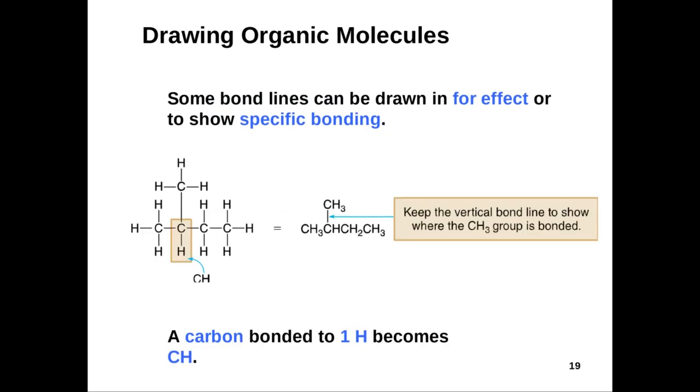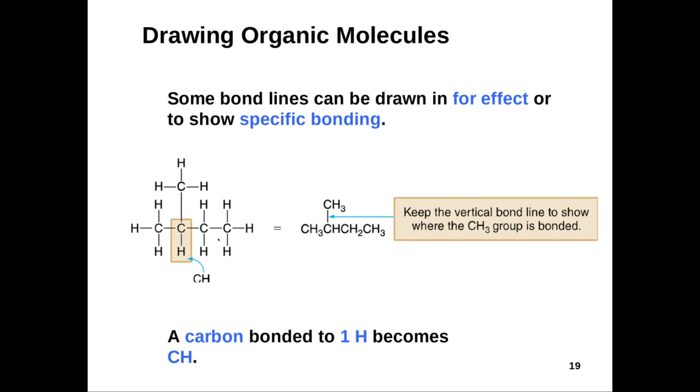Now, commonly, when we're drawing a condensed structure, some bond lines will be physically drawn in for effect to show a specific pattern of bonding. So we have this molecule here, CH3, CH, and so on. And there's what we call a methyl group, CH3, bound to the second carbon.